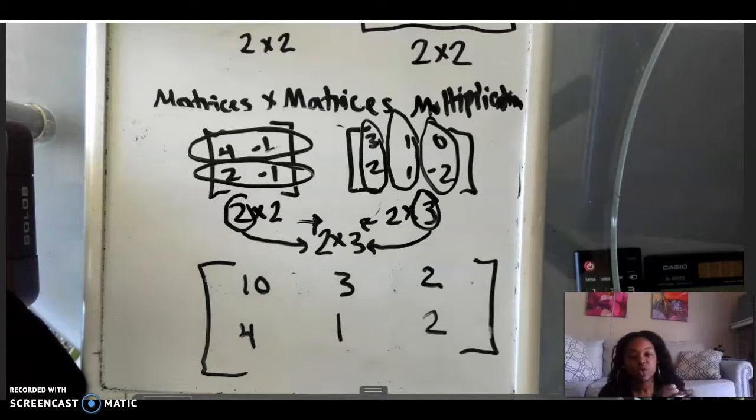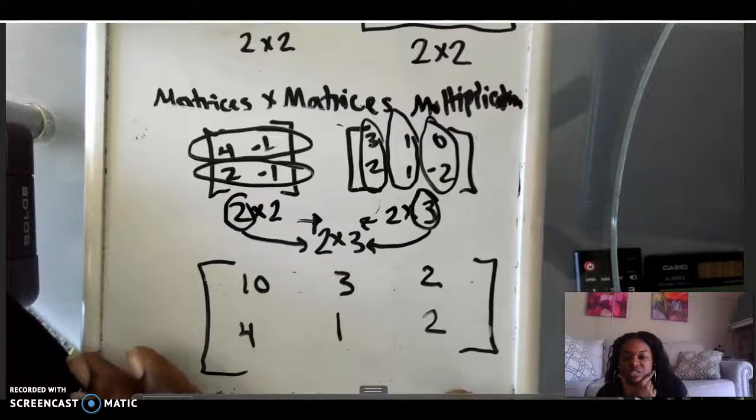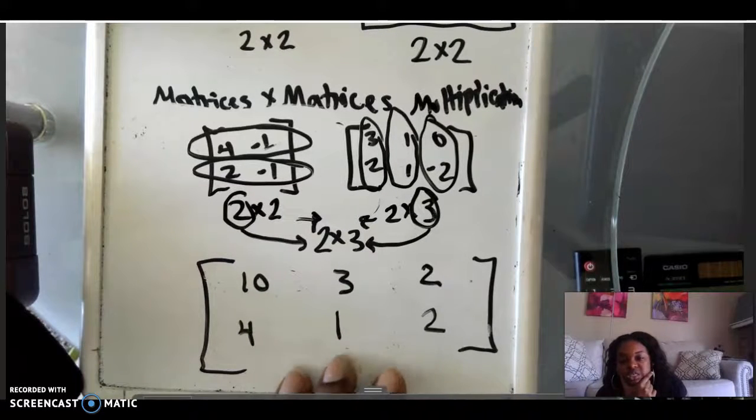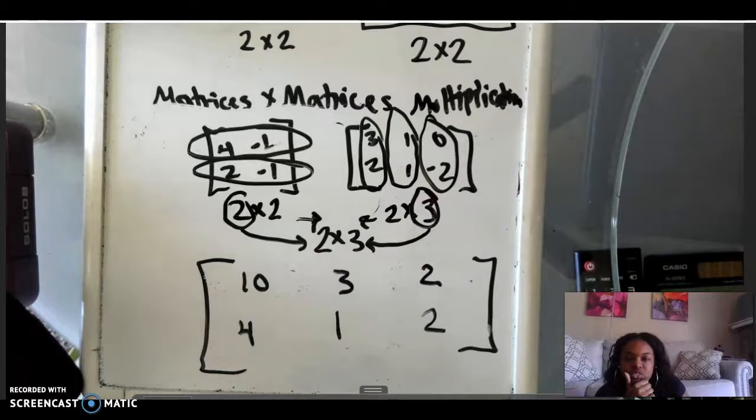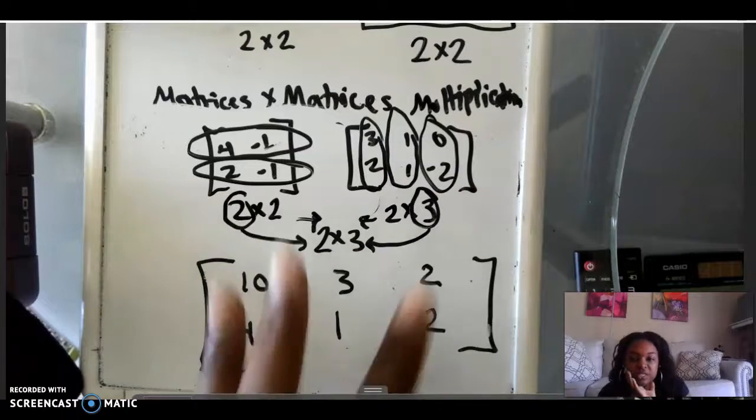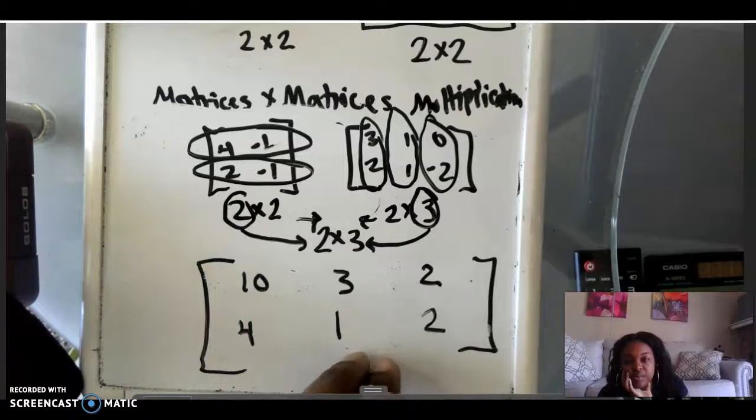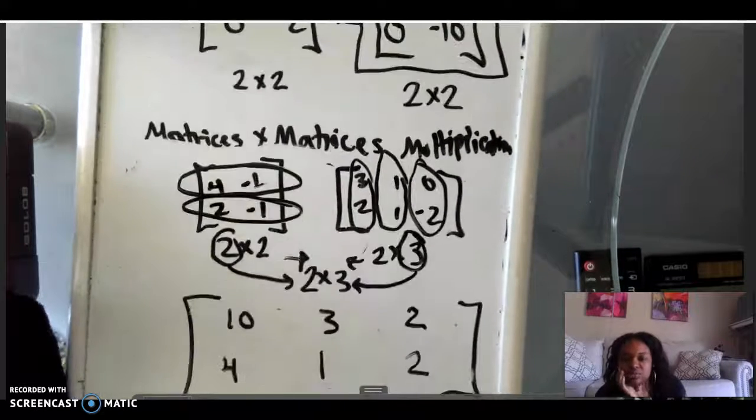Right? So it does change the dimensions of the matrix. Sometimes, as we see here, the matrix result will match one of the matrices you already have, but that may not always be the case. But the dimensions can change with matrix by matrix multiplication, while that doesn't happen with scalar multiplication.